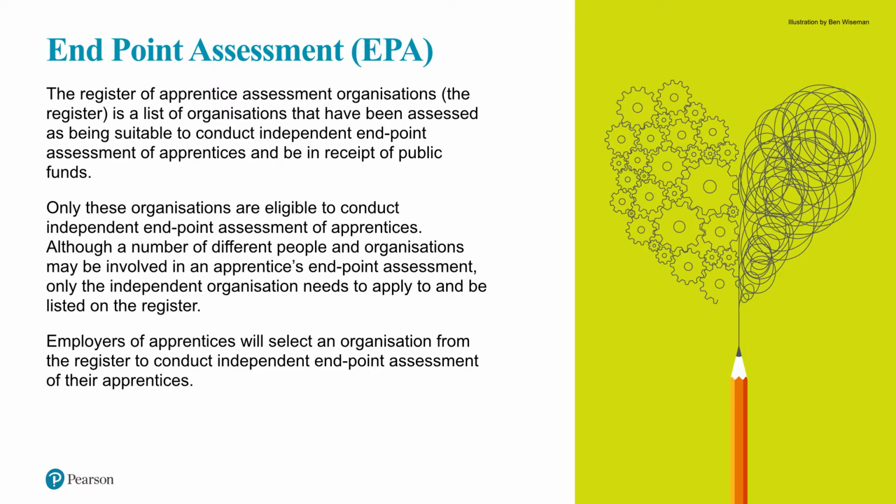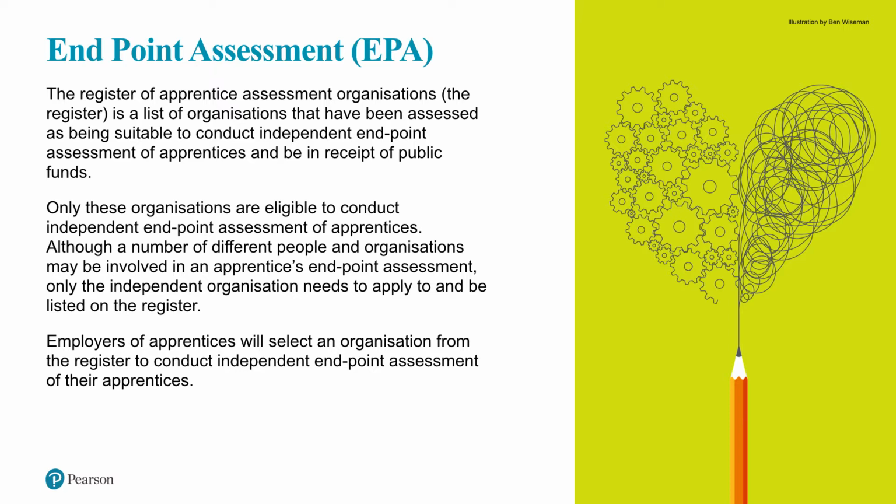Any organisation who wishes to offer endpoint assessment has to go through that process. So we've been through that process for the level 2 and 3, the adult care worker and the lead adult care worker standard. We have been deemed, judged appropriate, that we have the relevant skills to conduct endpoint assessment.